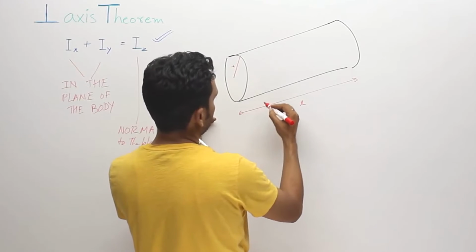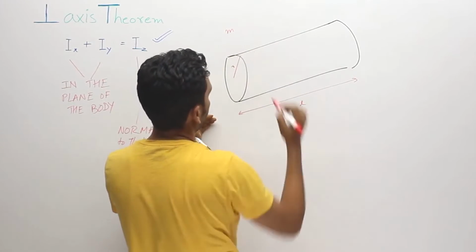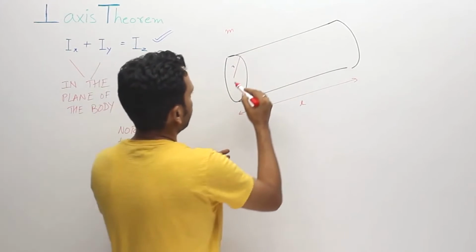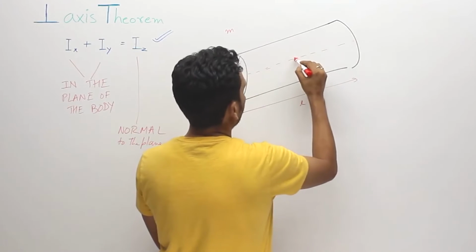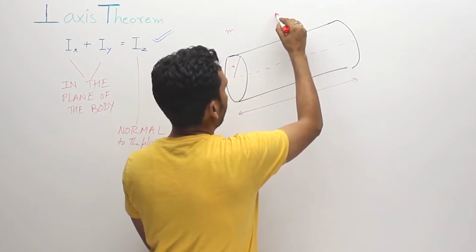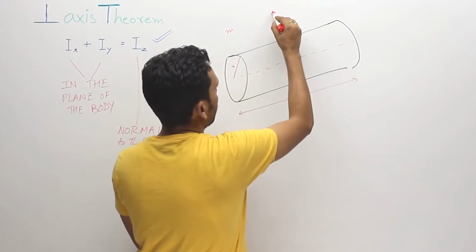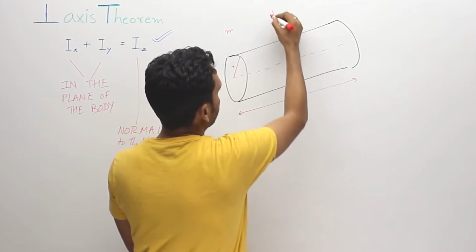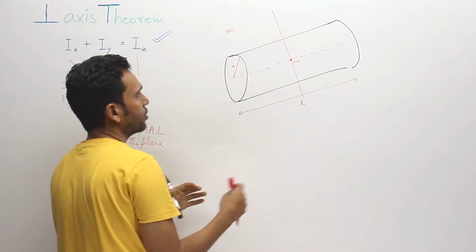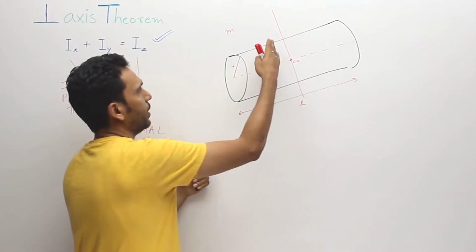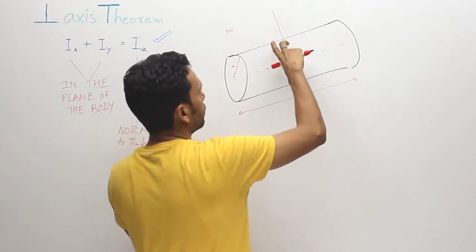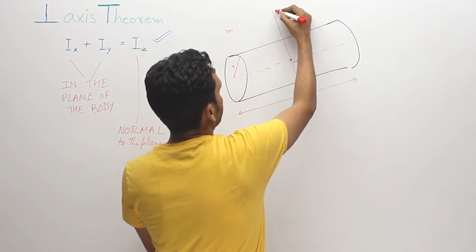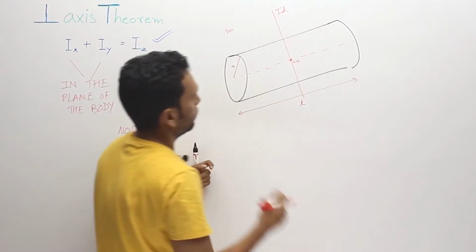They have asked what would be the moment of inertia about an axis passing through the center of mass of the body, along a diameter of the cross section at the central part. So what is this Id?